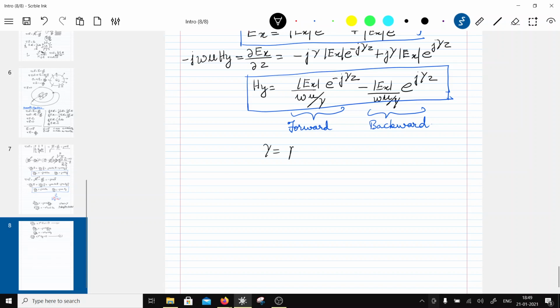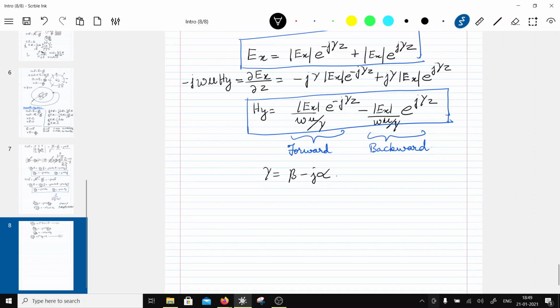Now gamma is called the propagation constant. This would be beta minus j alpha. Okay, now beta is the phase constant, and alpha is the attenuation constant. Correct?